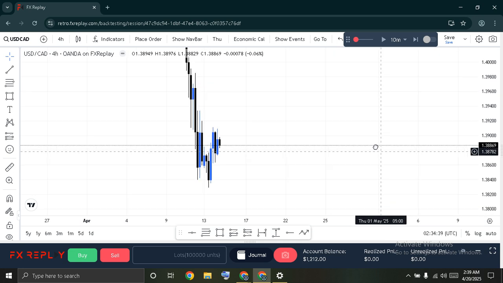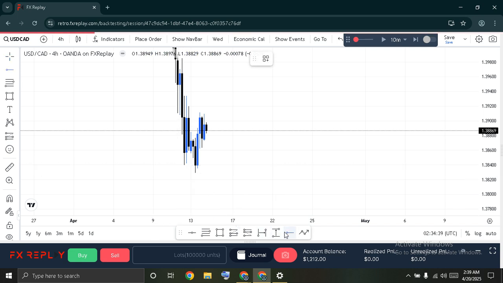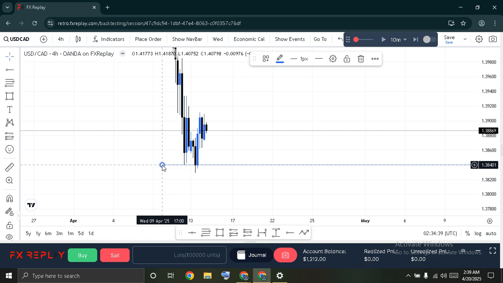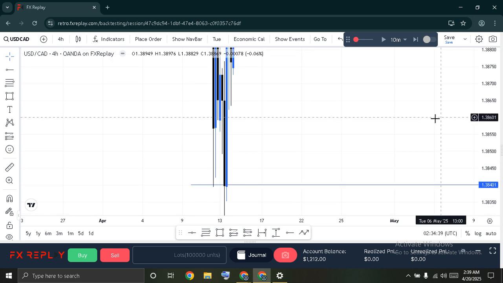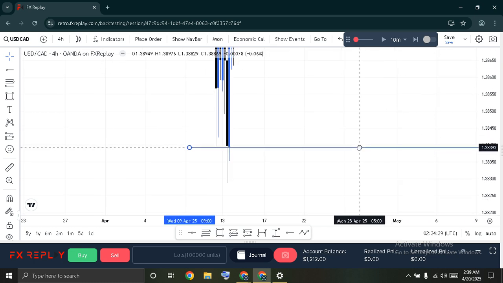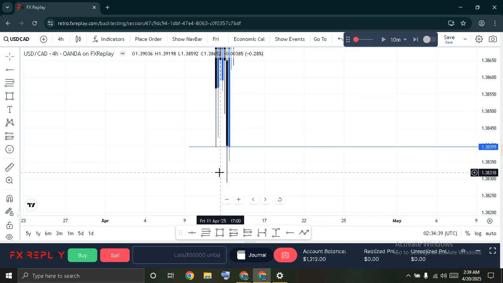So what do you notice in H4? I have this low, and price was failing to take this low. Sorry, I did that wrongly. So price was failing to break this low, and there's this big push downwards.